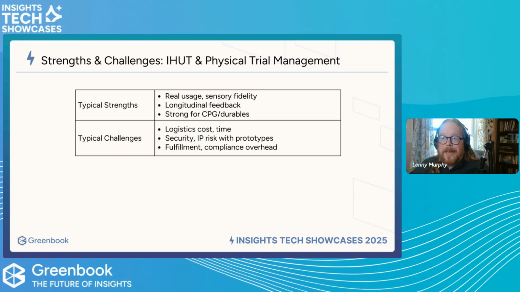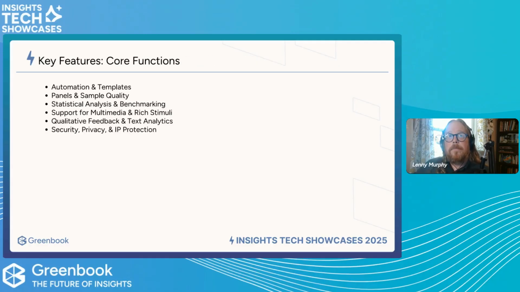You've got to deal with shipping product, all of those things. So keep that in mind. Many companies that are suppliers in this category have built up benchmarks and normative databases to compare against. So that can be a real benefit as well.